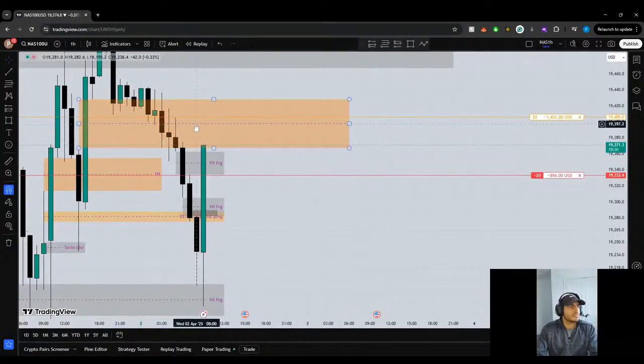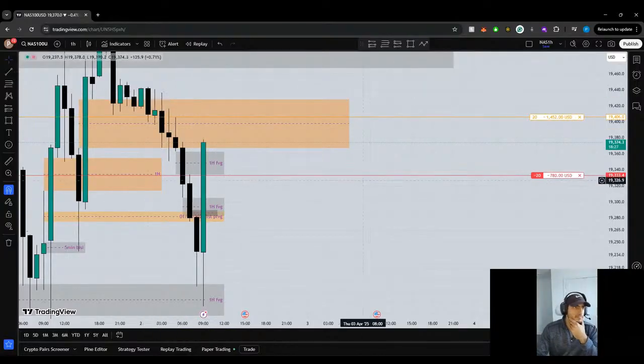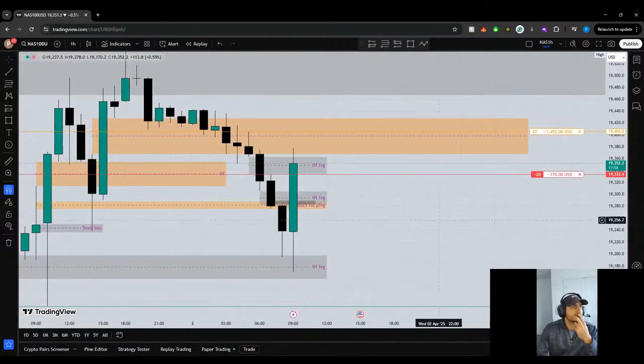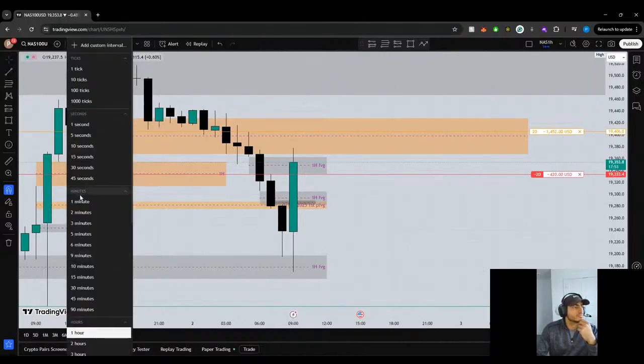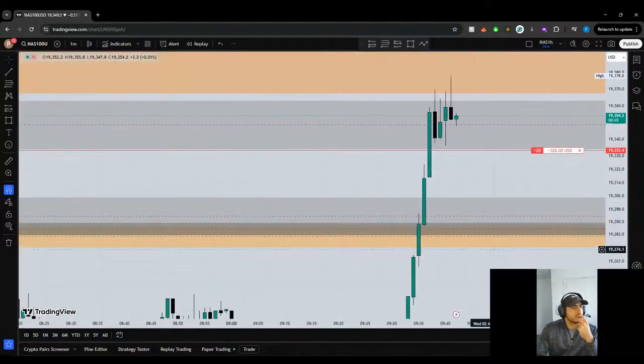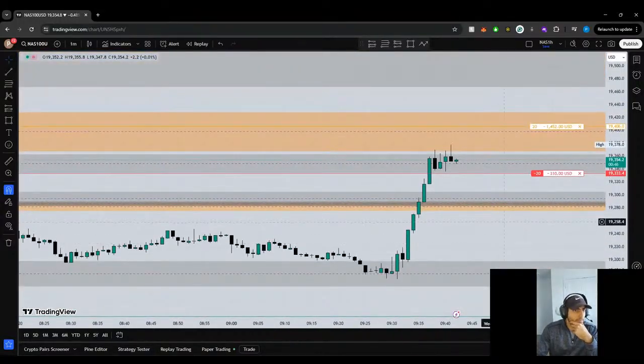See that? Probably going to be the last line of defense about here, maybe just a smidge above. But we shall see. I think I placed it right. Pretty sure I placed it right.